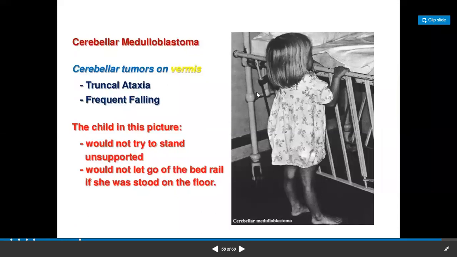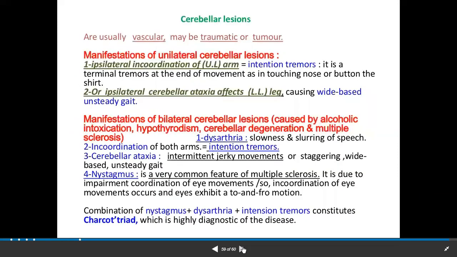Medulloblastoma is basically a tumor, cerebellar medulloblastoma, which involves the cerebellum and medulla oblongata. So obviously the inferior cerebellar peduncle tracts will be disturbed. Hence in cerebellar tumors of the vermis, you will see truncal ataxia and frequent falling. The child in this picture would not try to stand unsupported, would not let go of the bed rail if she was stood on the floor. That type of lesion you can see.